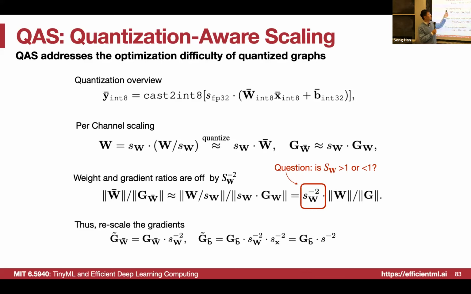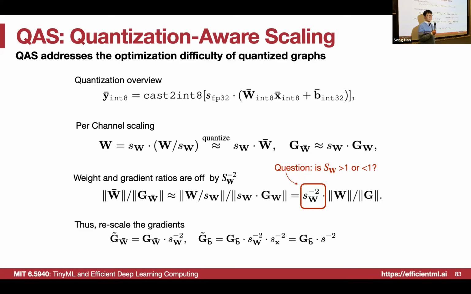So for per-channel scaling, the weight equals a scaling factor times the quantized weight. The quantized weight ranges from -128 to +127 if we use 8-bit quantization. Well, the original floating point weight might be something around 1 or in that neighborhood.